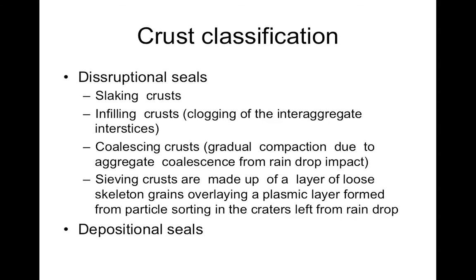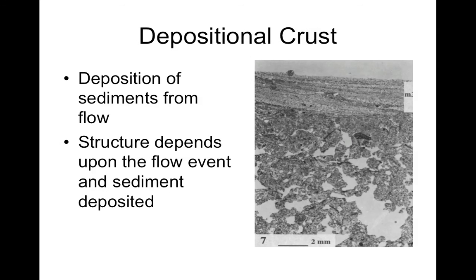And finally, depositional seals, and I'll come to that in a sec. A depositional crust: let's say we have a little bit of erosion, and the erosion is going to move finer particles first, more often. Then when the erosion event is over, it deposits those sediments somewhere.